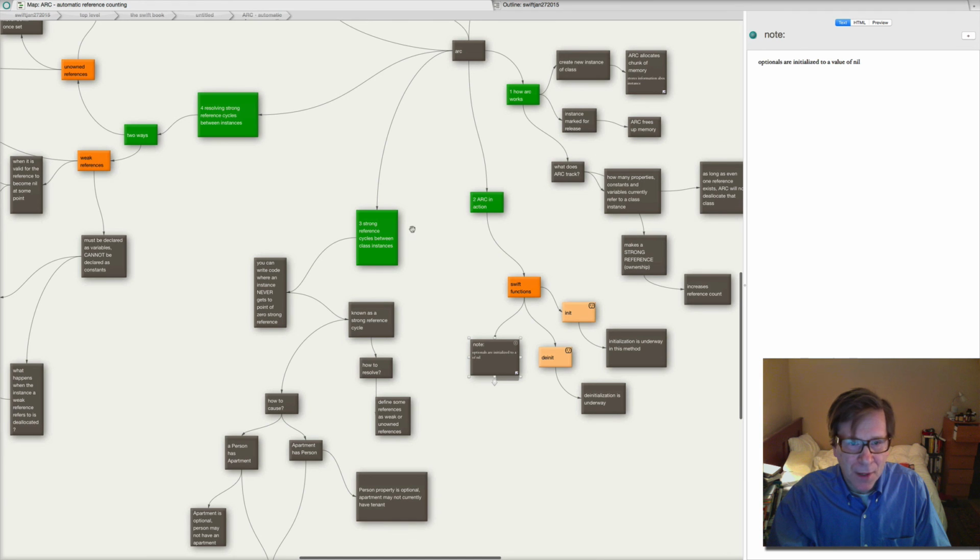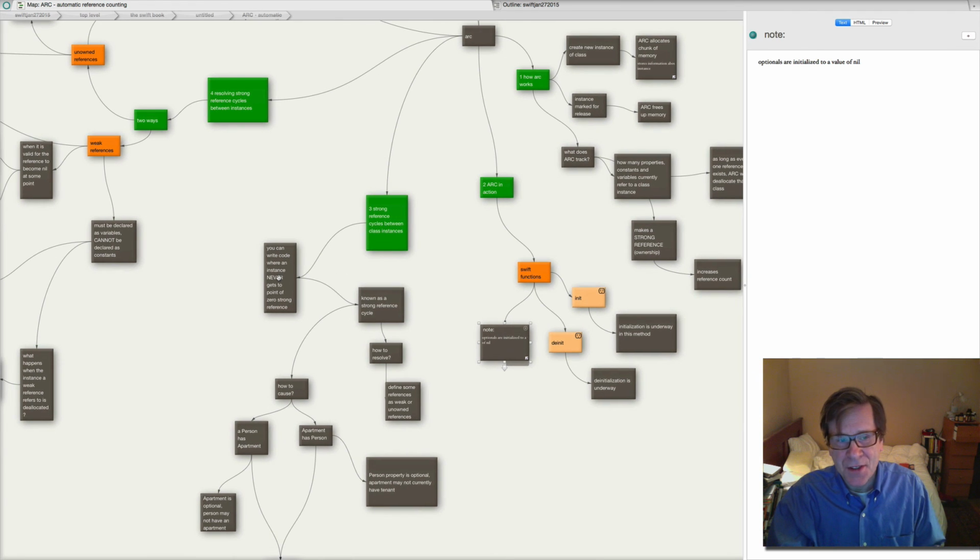So the problem here is that you can write code where an instance never gets to the point of zero strong references. So here's the scenario. You create a person that is an optional variable. Then you create an apartment, which is an optional variable. That means each can be nil or contain a reference to an instance.